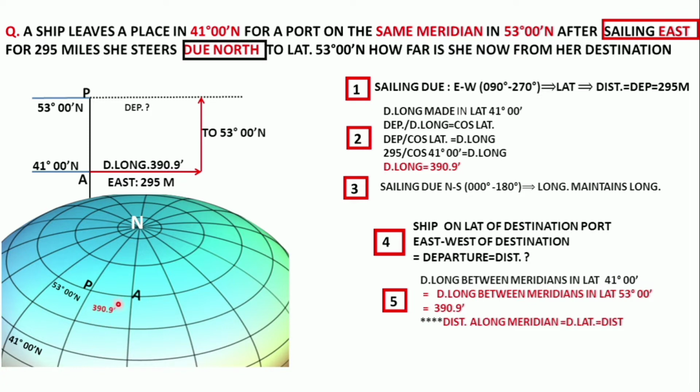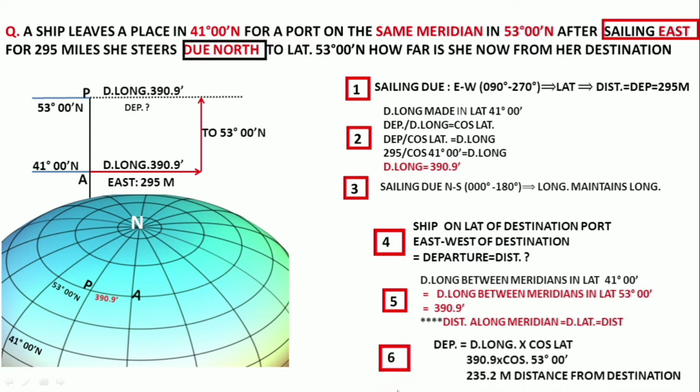So we know the D long, we know the latitude arrived, we can find out our departure. And our departure is 235.2. That is her distance from her destination.